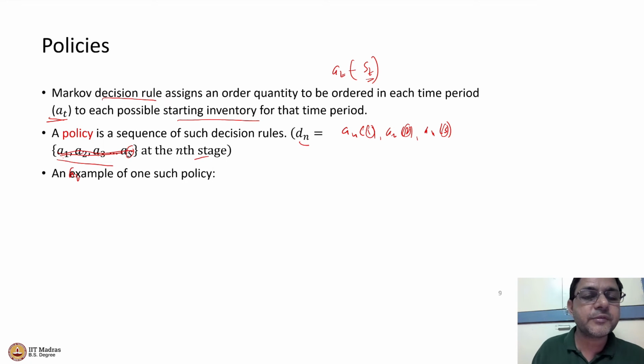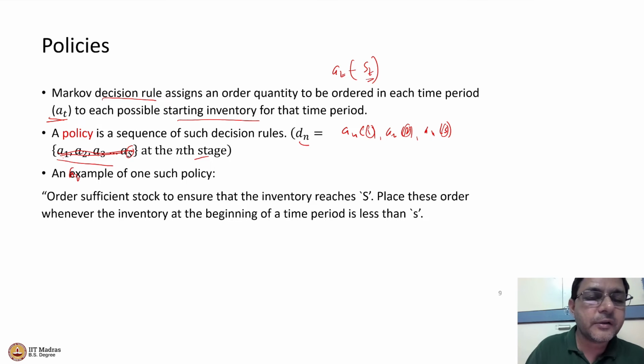A very famous example of this policy, one such policy, is order sufficient stock to ensure that inventory reaches capital S. Right, place these orders whenever inventory at the beginning of the time period is less than small s. So whenever ST is less than s, you place the order in such a way that your ST plus AT is actually equal to this capital S, right?